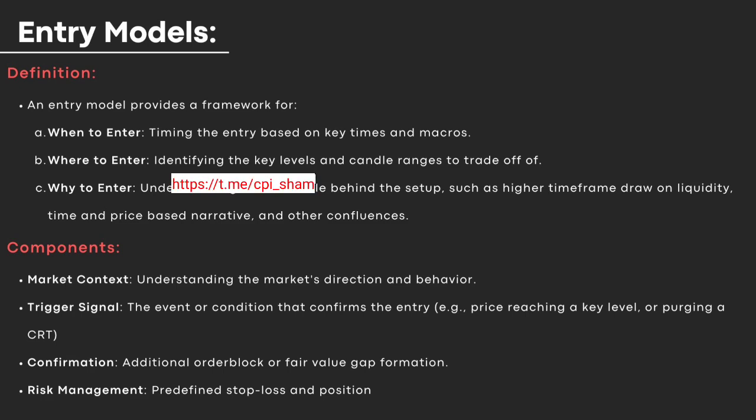The next main component of an entry model is the confirmation. After the trigger, you need confirmation before entering the trade because confirmation reduces false entries and improves your accuracy and precision. You can also enter a trade without a confirmation in the form of a turtle soup entry, but that is more suitable for advanced traders.